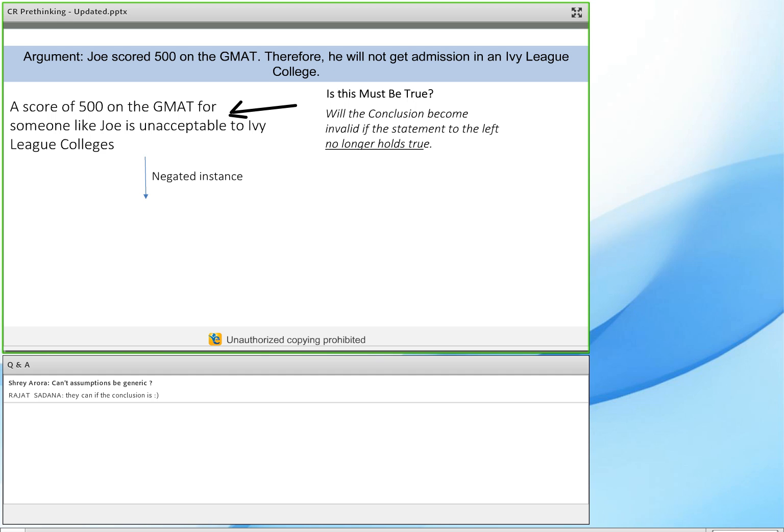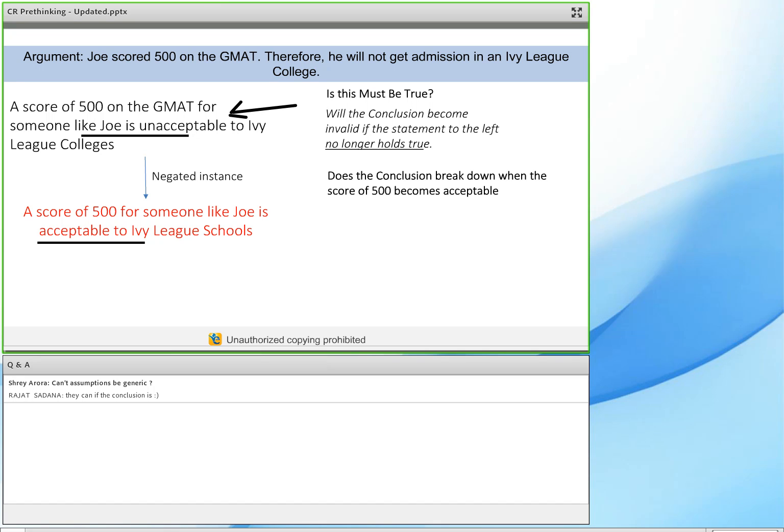So when you say that a score of 500 on the GMAT for someone like Joe is unacceptable no longer holds true, then what becomes true is that a score of 500 for someone like Joe is acceptable to Ivy League colleges. Or in other words, its negated instance automatically becomes true.